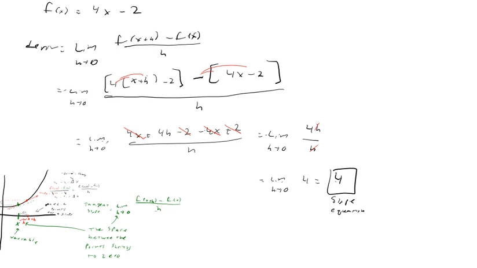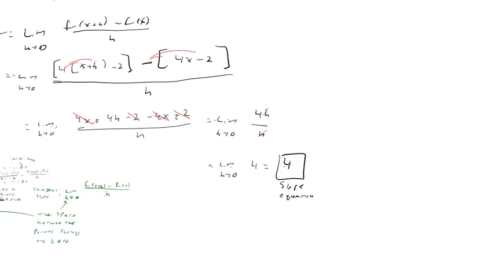Why is it like that? Why is my equation just 4? There's no x here. So does this mean that no matter what the x value is, my slope is always going to be 4?